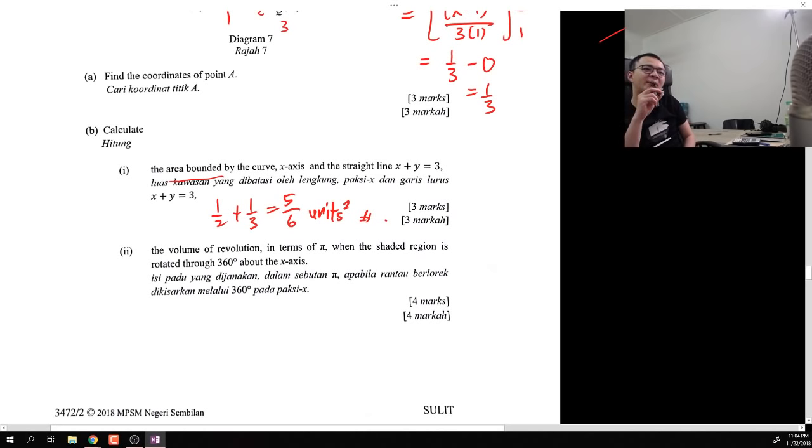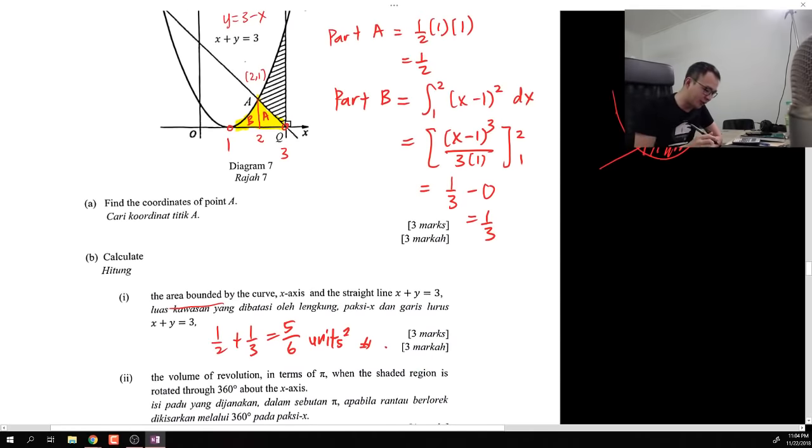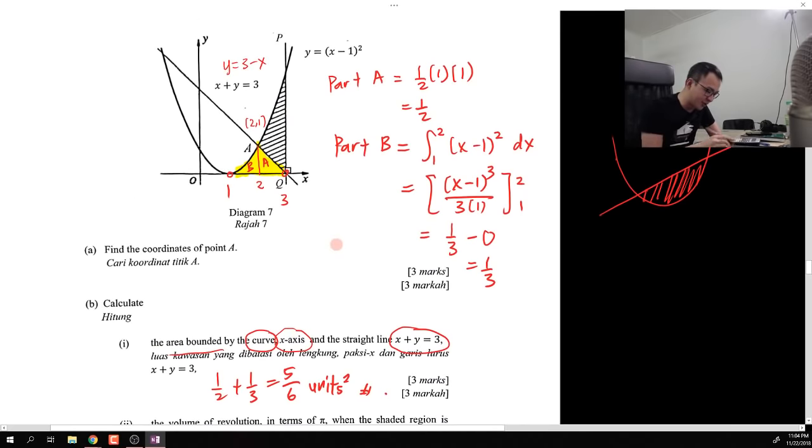So for the area bounded, why is it the yellow area only? Because the yellow area is the only area bounded by the curve. You see the equation of the curve, you see the x-axis, and then you see the straight line. So you see this yellow area is surrounded by the x-axis, surrounded by the curve, and surrounded by a straight line.